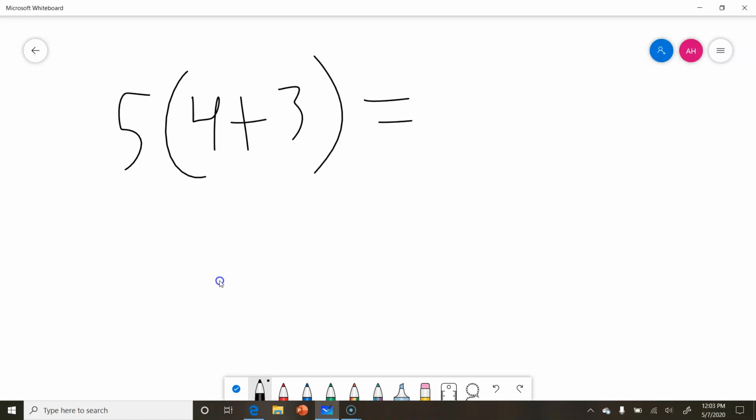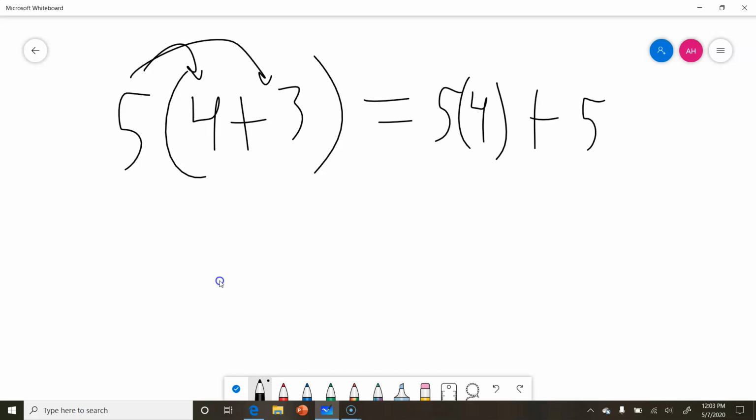I'm not doubting that. And then lastly now, with distributive property, is if we had like this, 5 times 4 plus 3, right? That's the same thing as we do 5 times 4. So we had 5 times 4 plus 5 times 3. Okay, so if you have to write that, that's the distributive property.